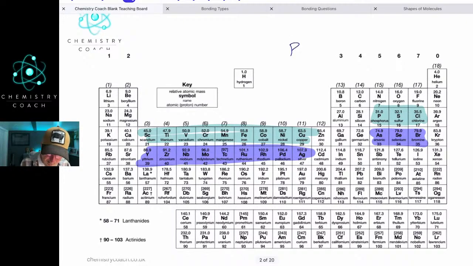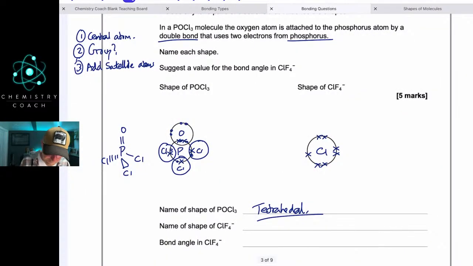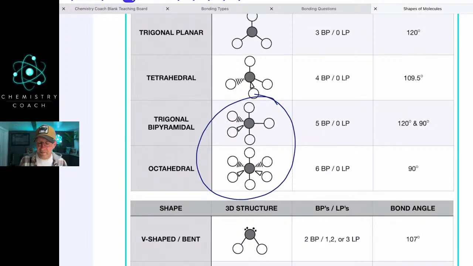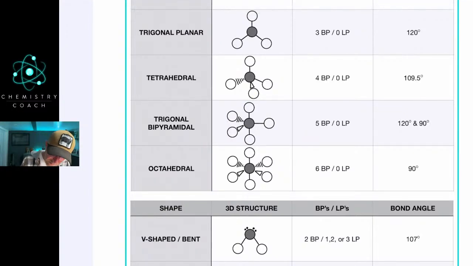So that's how we can end up with PCl5, for example, which has 12 electrons in the outer energy level, and SF6 that also has 12 electrons in the outer energy level. So it's okay to use more electrons, okay? And that's how we end up with these larger bonding types over here: trigonal bipyramidal and octahedral.